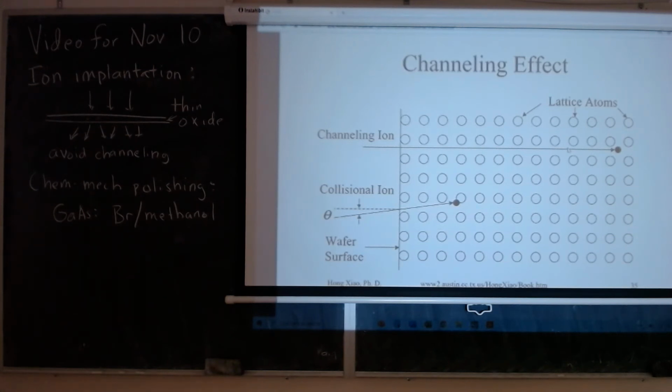As shown in the previous slides, you want everything to be happening near the surface, so you have a well-controlled region of implanted ions. Whereas if you have this channeling effect, some are going to go way far down, and you'll have the region you expected up here, and then this odd distribution of implant ions down there.